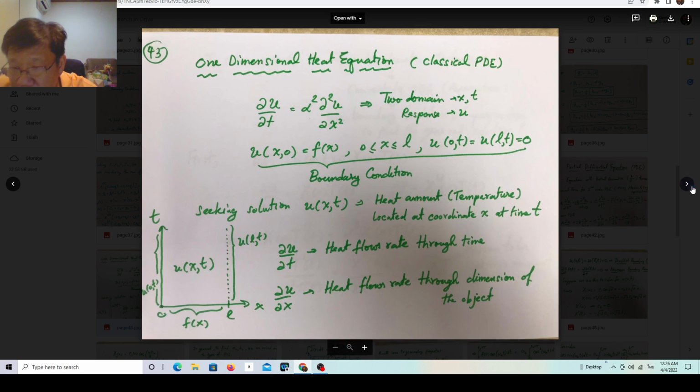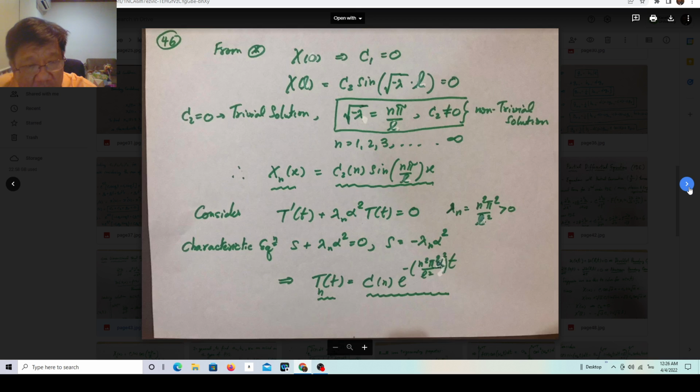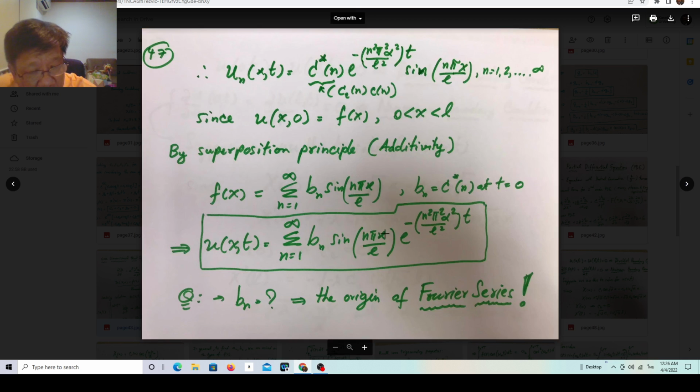And this is the way that he came up with the resulting equation here. The remaining question is: what is b sub n? How are we going to find b sub n here? Based on this equation, once you know the boundary value problem, you know f of x. If you know f of x, you can find b sub n.